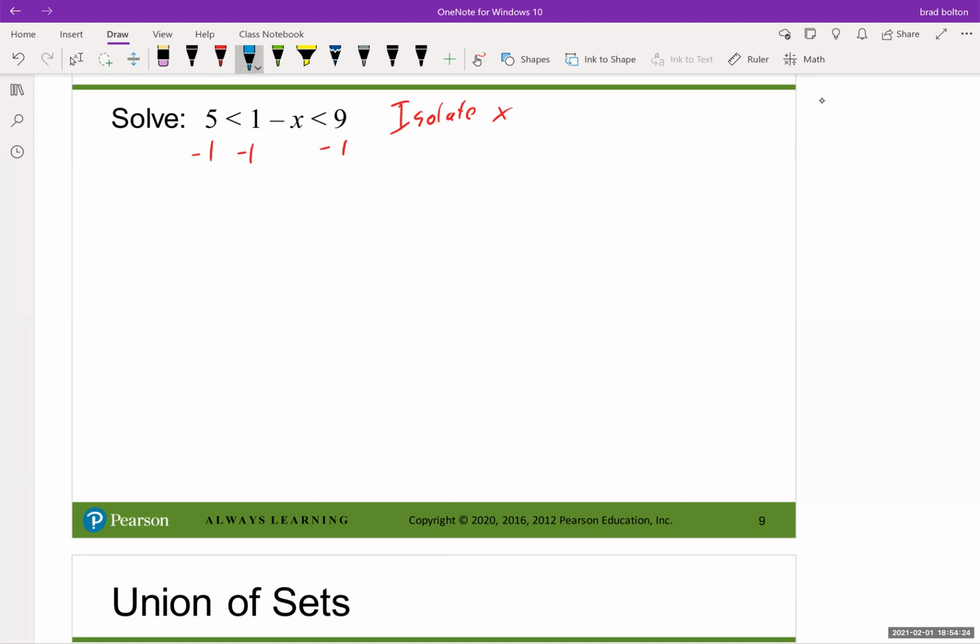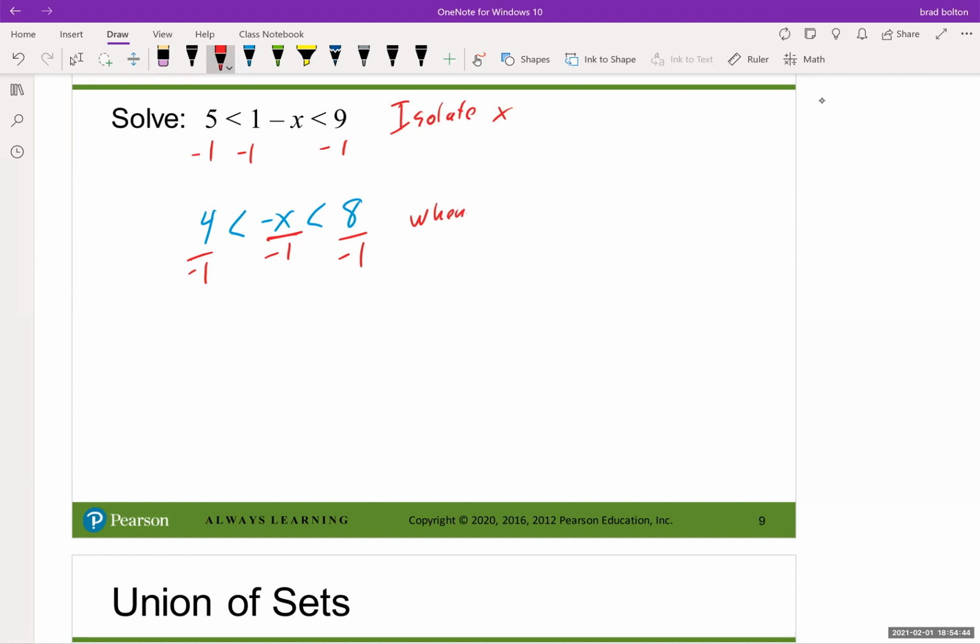So let's do a rewrite now. This will now be 4 is less than negative x is less than 8. Now, to get x all by itself in the middle, you have to divide by -1, because that would make it no longer negative x, but positive x. But there's a catch.